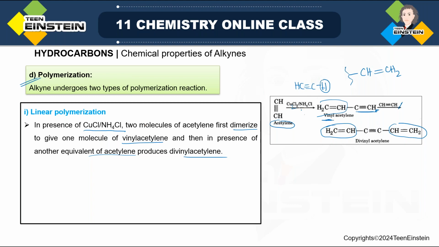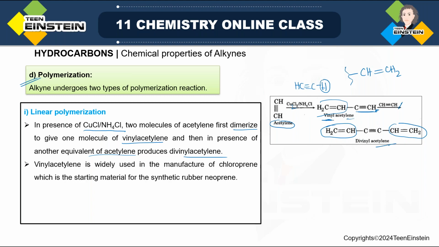It will be Cu2Cl2. So whether you write CuCl or Cu2Cl2, it is the same thing. Divinyl acetylene, look at the name. The first one is vinyl acetylene, this is divinyl acetylene because of 2 vinyl groups.